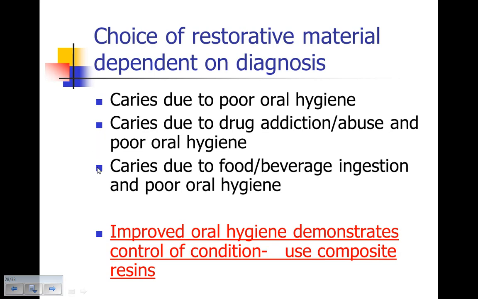Patients who have chemical acid erosion due to food and beverage ingestion combined with poor oral hygiene, once we see an improvement in their oral hygiene, the use of remineralization therapies, use of fluoride-containing toothpaste, we can use a composite resin. We still have to consider that this patient's still at risk, and we have to use good preventive therapies as part of their continuing dental care.